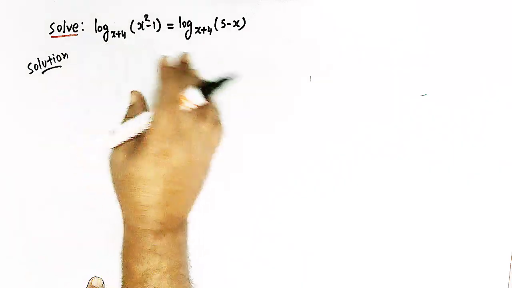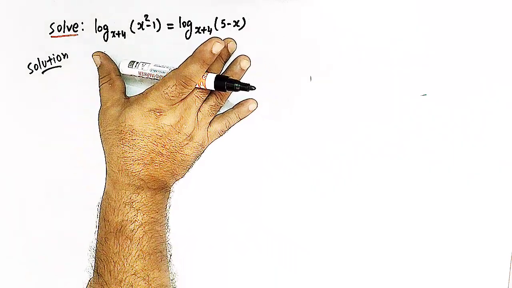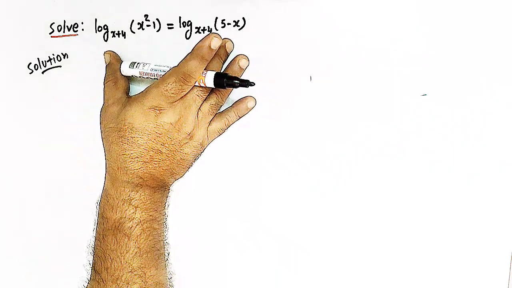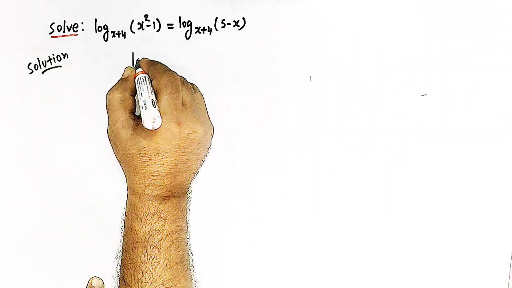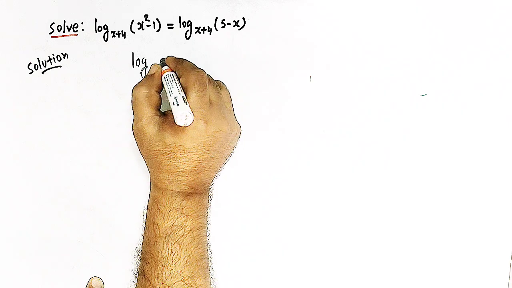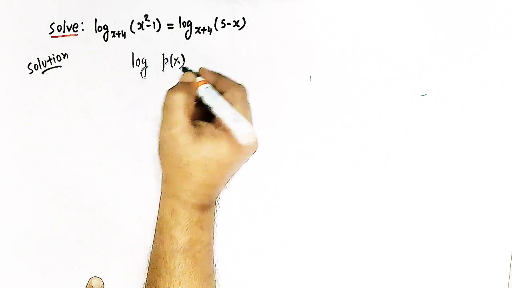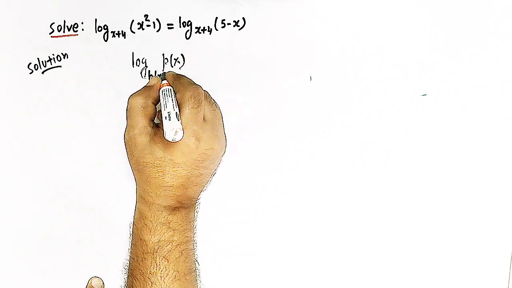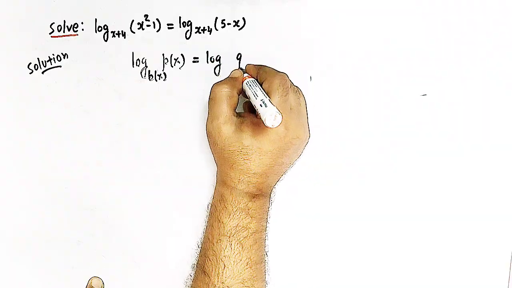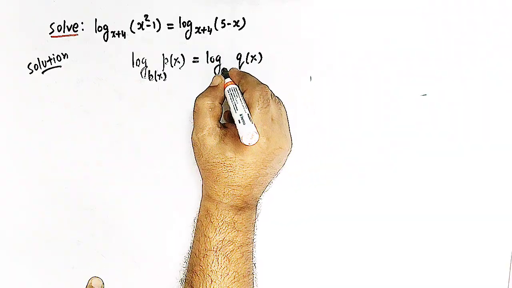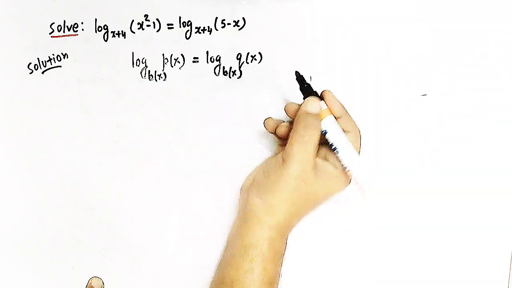So in order to solve logarithmic equations of this type, let us first consider the equation that is logarithm of p of x to the base b of x is equal to logarithm of q of x to the base b of x, right?